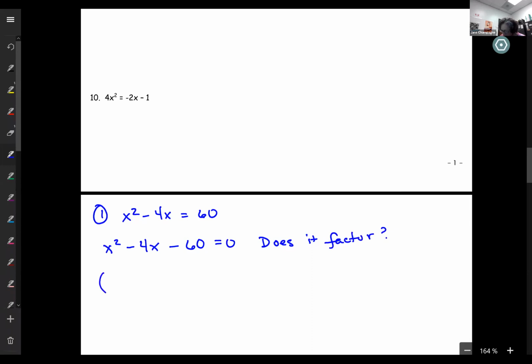I tend to think factoring is the easiest if you can get it to factor. And again, having a leading coefficient of 1 means it's typically easier to factor. If it does factor, you want to find 2 numbers whose product is negative 60. So that means the signs would have to be different. So the 2 numbers have to have a difference of 4.